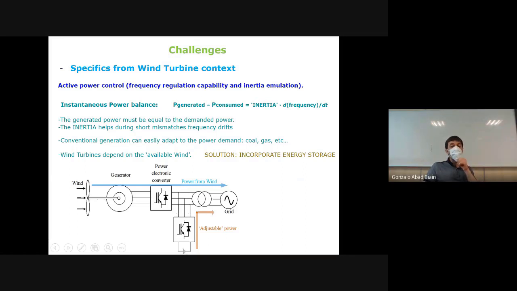So the solution for that is to incorporate energy storage systems in the mix of power generation. Maybe not at the turbine level, maybe there is no space to put batteries and another converter within the wind turbines, maybe something that can be located at the substation. But the future is this.